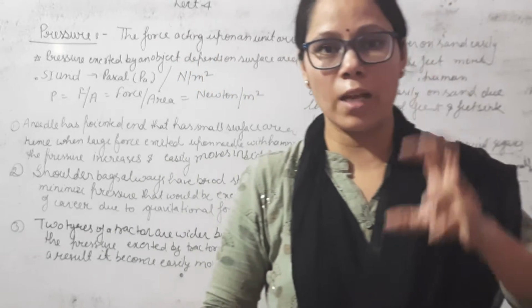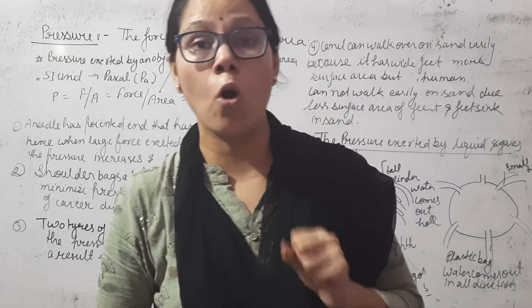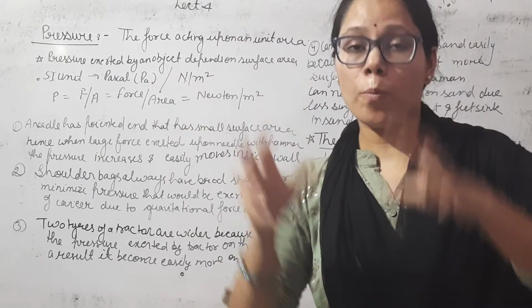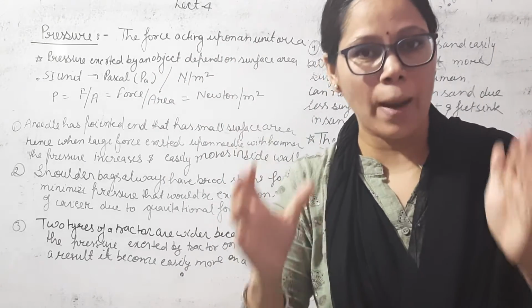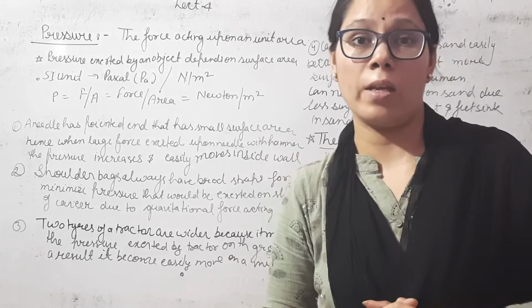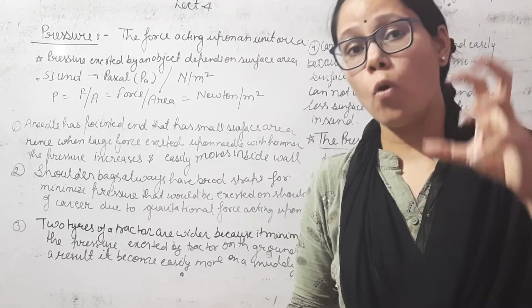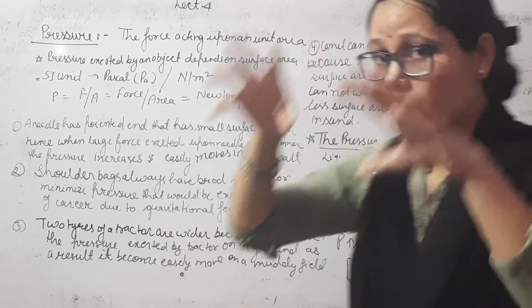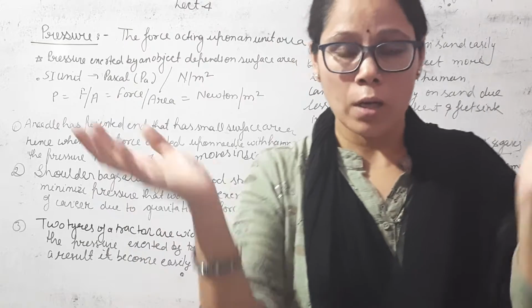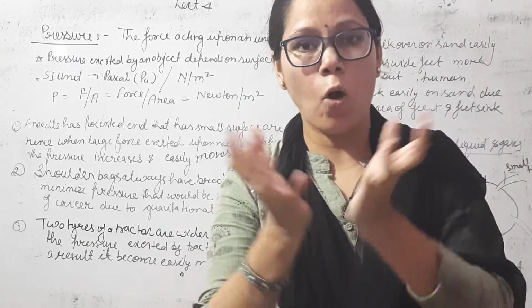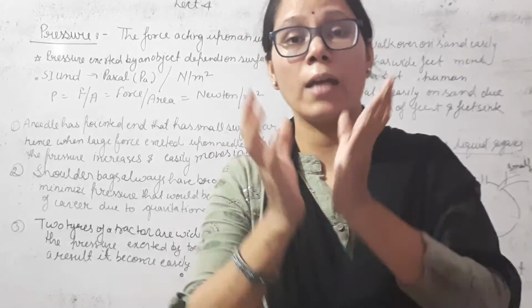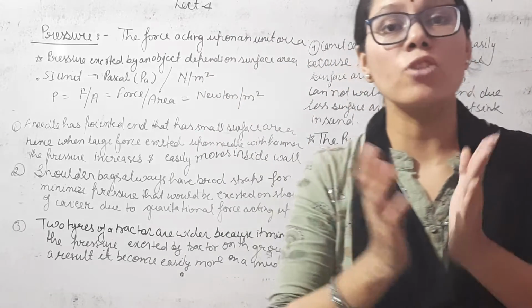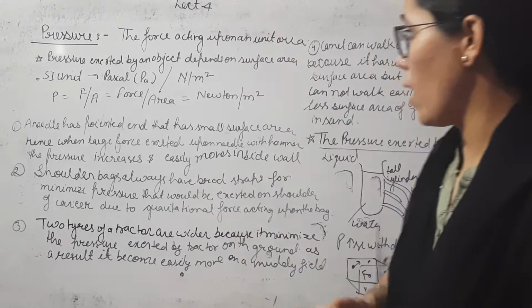Pressure always exerted by the object depends on the surface area, that is, the force acting on a particular area is known as pressure. So the pressure depends on the surface area.